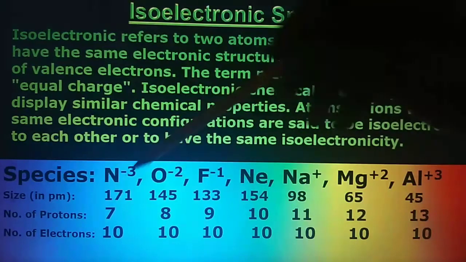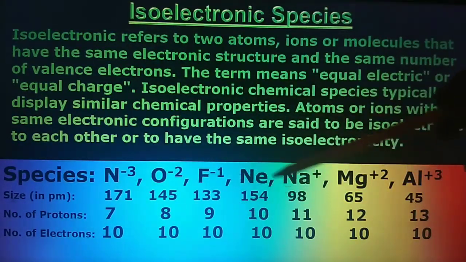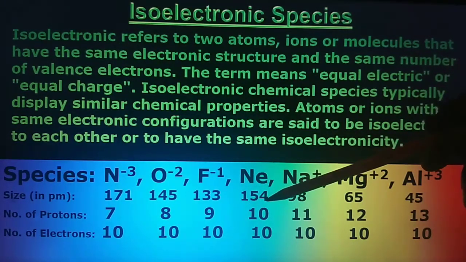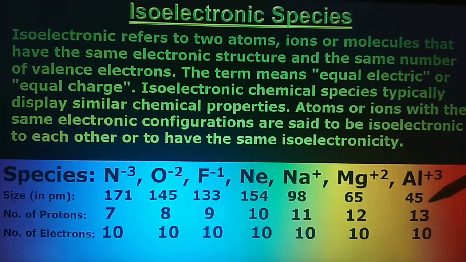Why? Because we know that neon is a noble gas, and in case of neon we have to measure the van der Waals radius, while in other cases we have the covalent radius or ionic radius, and van der Waals radius is always larger than the covalent, metallic or ionic radius, right?